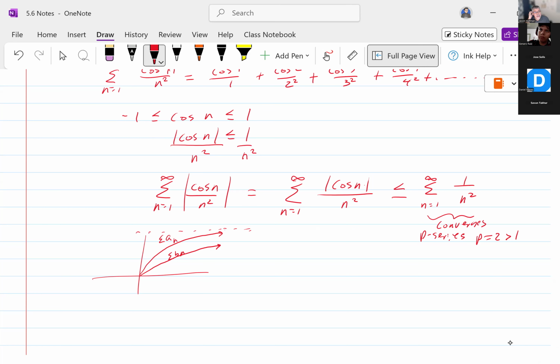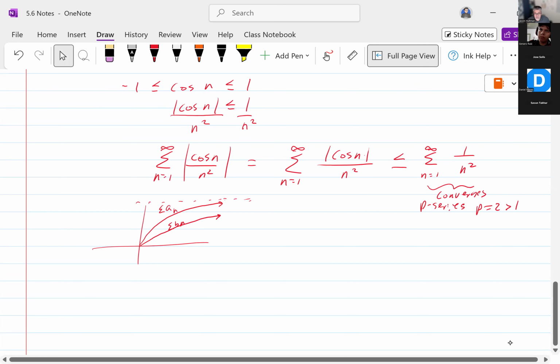Well, then we know that that converges. And what test did I use there? Comparison test.